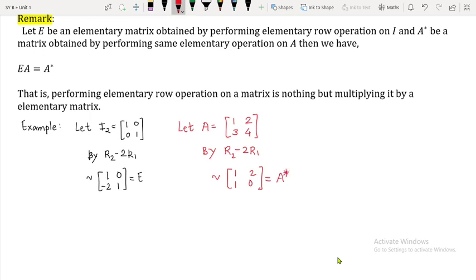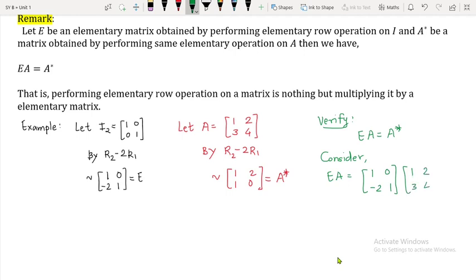Now let us verify the remark. So what we have to verify? We have to verify, I will write it here, this EA will be equal to A star exactly. So let us consider EA. So EA will be equal to, so my E is 1 0 minus 2 1, and what is my A? My A is 1 2 3 4.